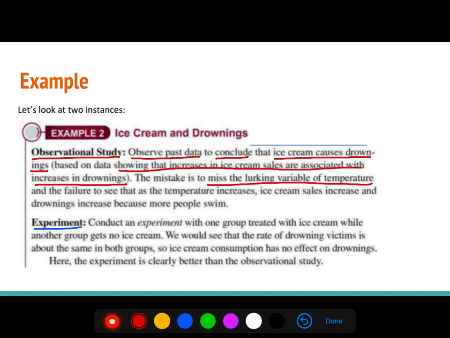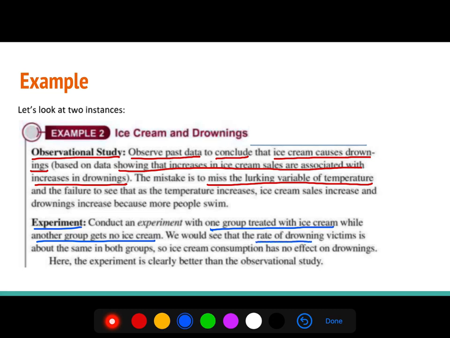They saw data that showed increases in ice cream sales are associated with increases in drownings. What they didn't think about, though, is they missed the lurking variable of temperature. Because as temperature increases, ice cream sales increase, and so do drownings because more people are swimming.